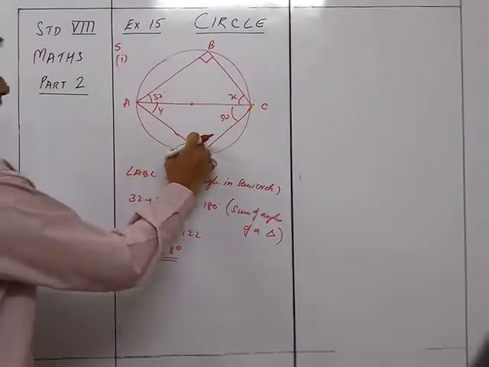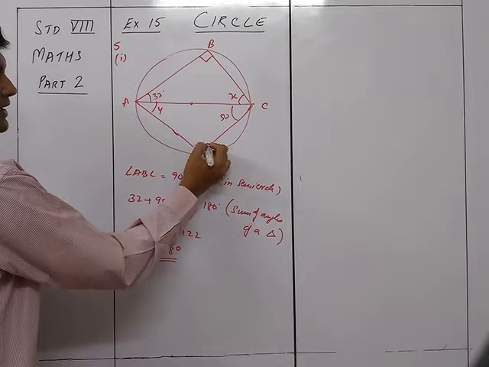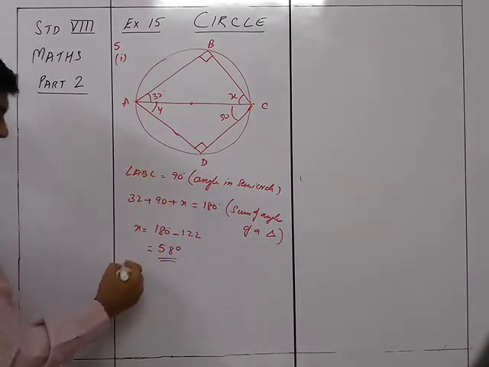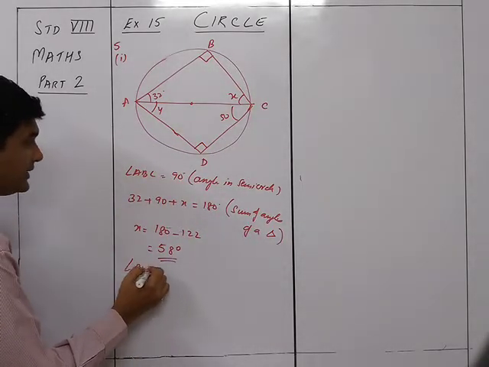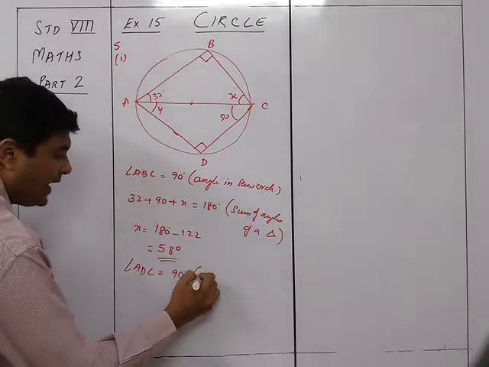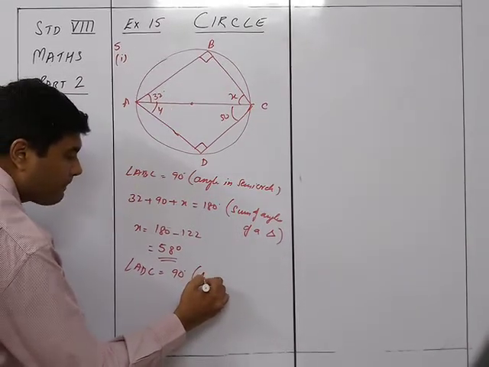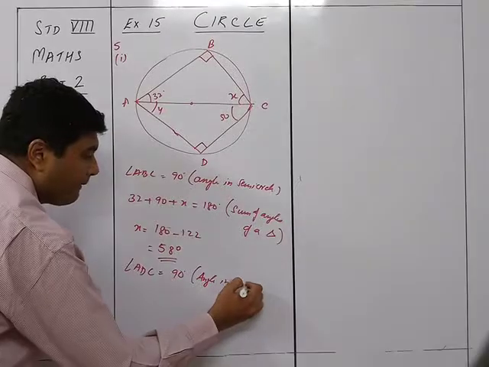We have over here again angle ADC will be 90 degrees because of the same reason. Angle ADC is equal to 90 degrees, angle in semicircle.